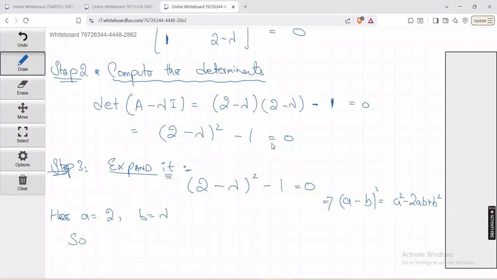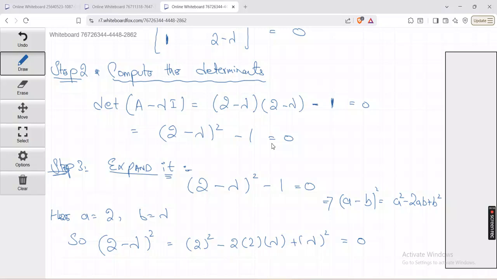So 2 minus lambda, we can write it like this: 2 square minus 2 into 2 into lambda plus lambda square is equal to 0.